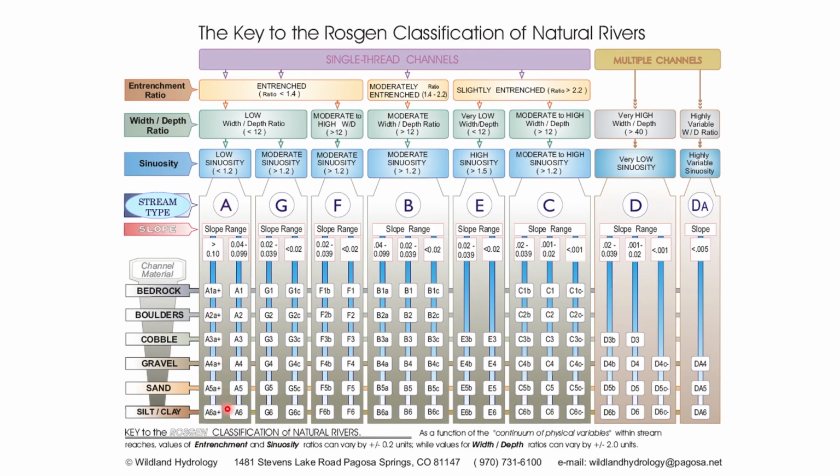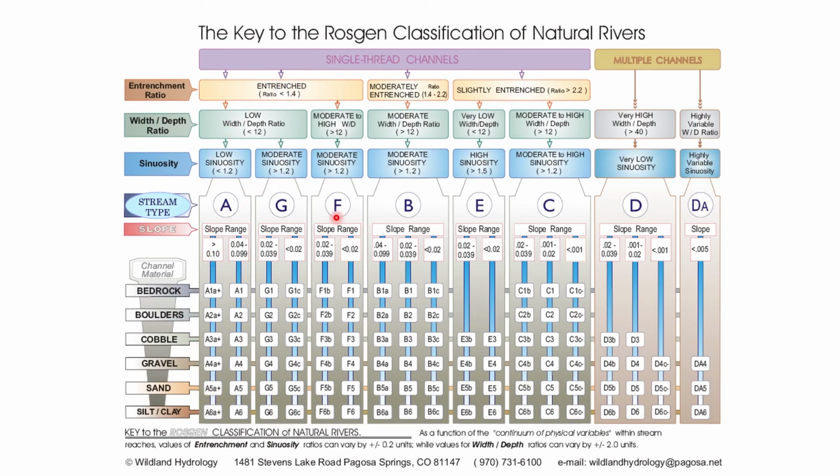Below that, the level 2 classifications are based on slope range and channel material. So I could throw out, I have an A4, A plus stream. Then you'd have to go to your chart and say, okay, an A4, A plus is a gravel bedded, steep, type A stream with low sinuosity, low width to depth ratio, and is entrenched.